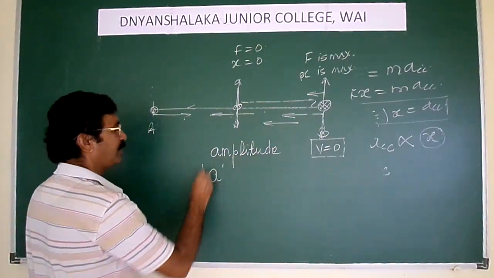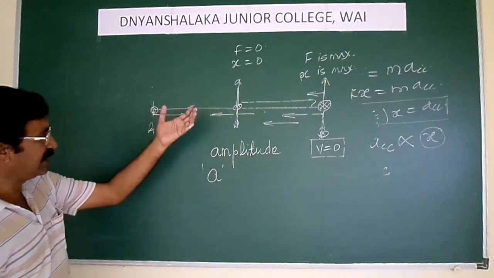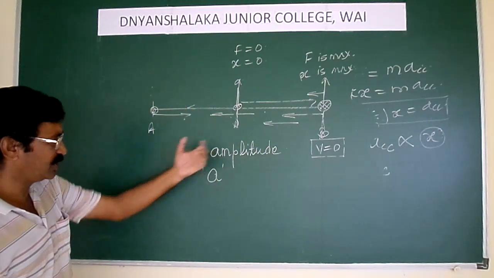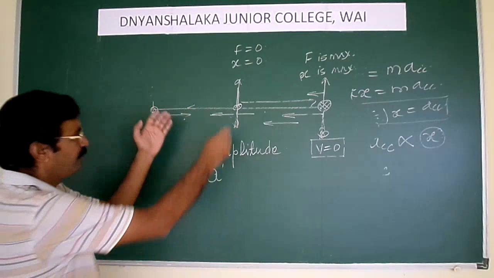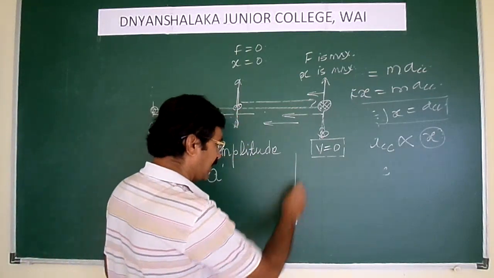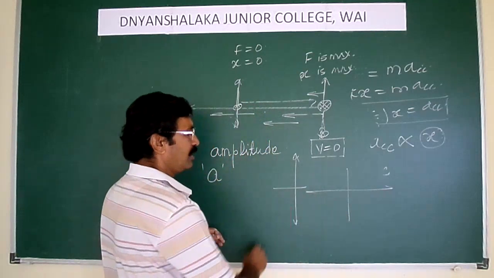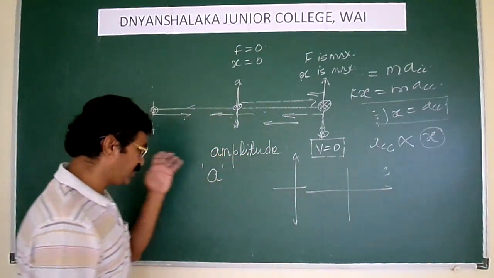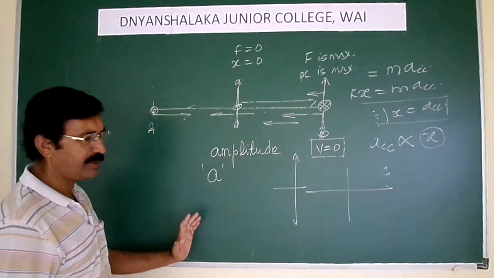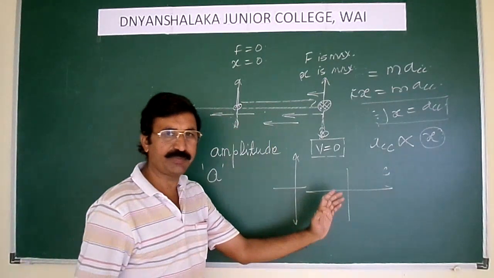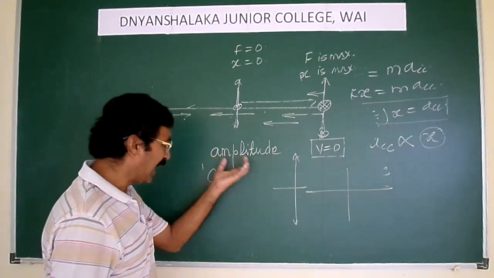Usually we denote it by A. So in simple harmonic motion, A is the amplitude. Whether the motion is in vertical direction or horizontal direction, the maximum distance covered by the particle from the mean position toward the extreme position is called its amplitude.